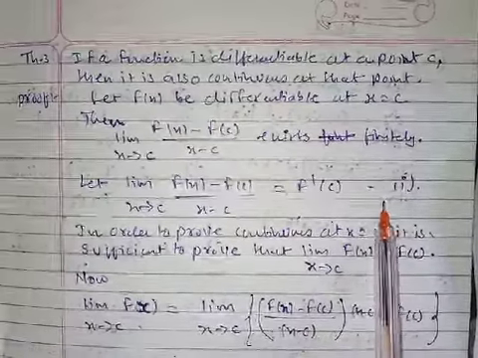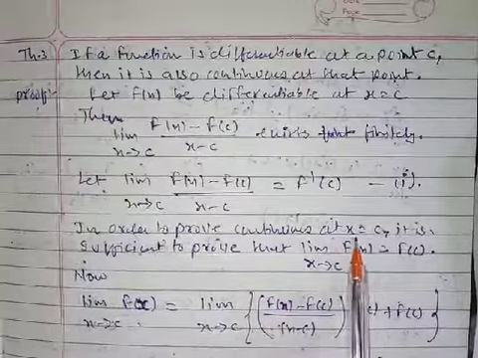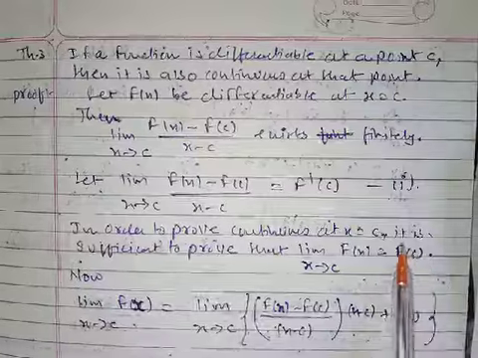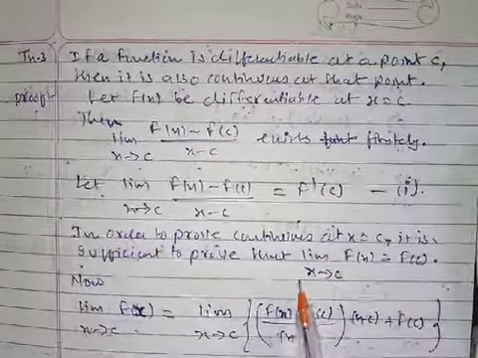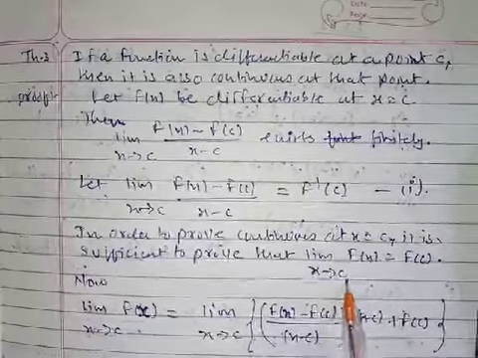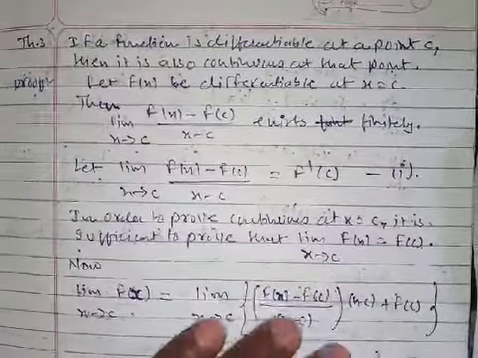Now, in order to prove continuity at x is equal to c, it is sufficient to prove, as we did by the first definition of continuity, limit x tends to c, f of x is equal to f of c. So now how to prove it?